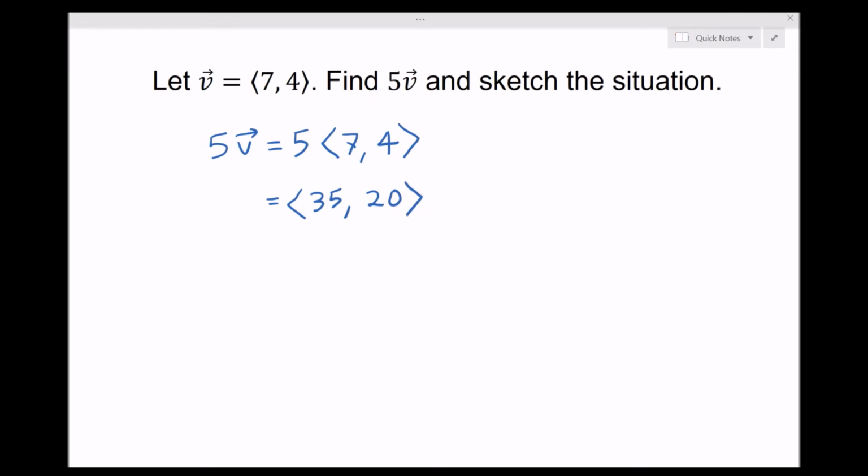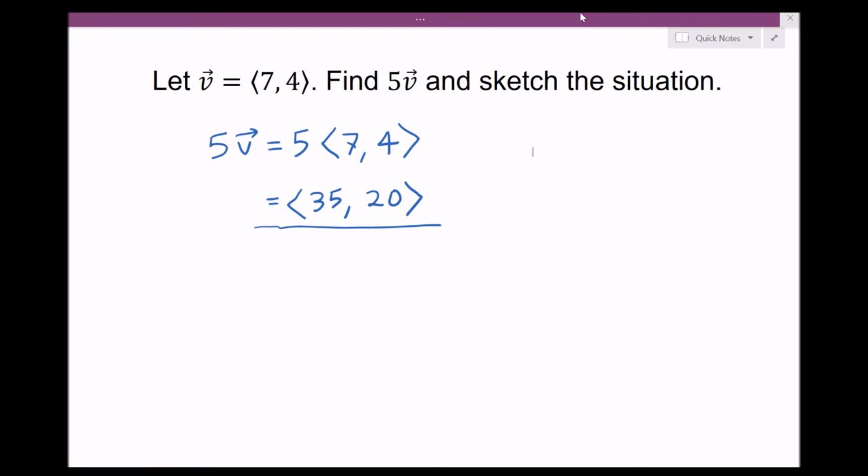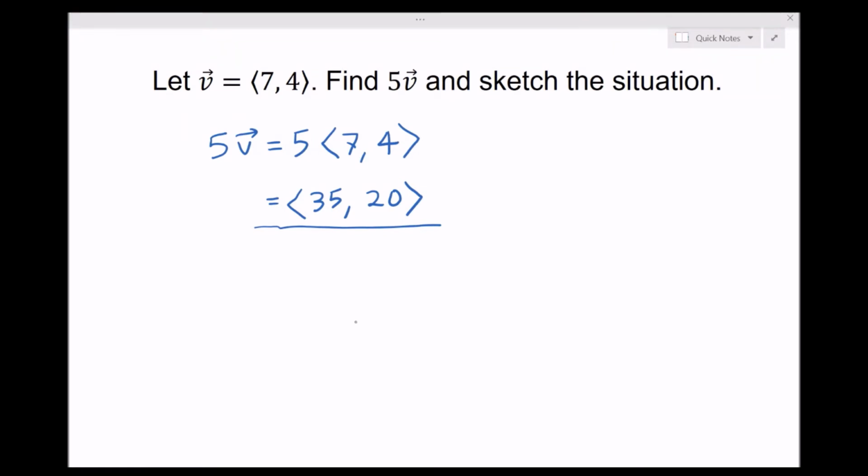And boom, this right here is the component form of 5v. And then sketching the vector, so the original v was 7, 4. So starting here, we go right 7, up 4. So maybe slanted like so.